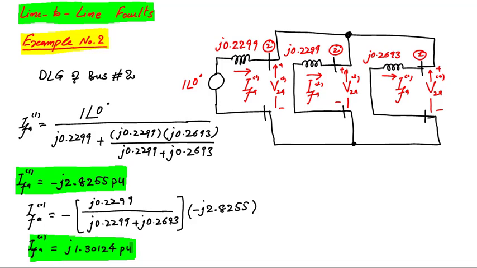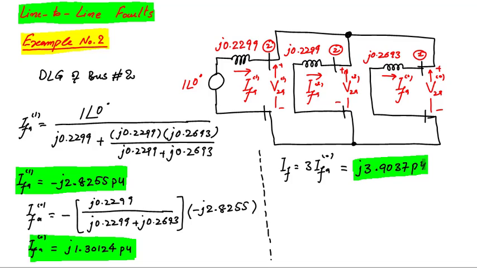After calculating the zero sequence component of fault current in case of double line to ground fault, we can calculate the fault current directly from here. According to the definition of double line to ground fault, the fault current will be equal to 3 times IFA zero sequence. Now if we multiply this per unit current with the base value of current, we get 1024.45 ampere.